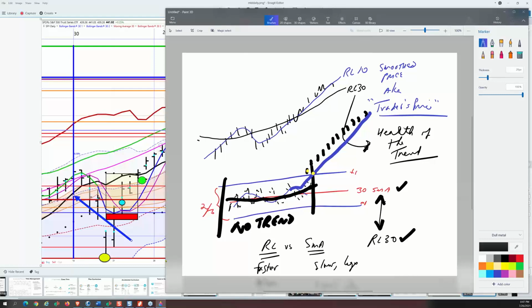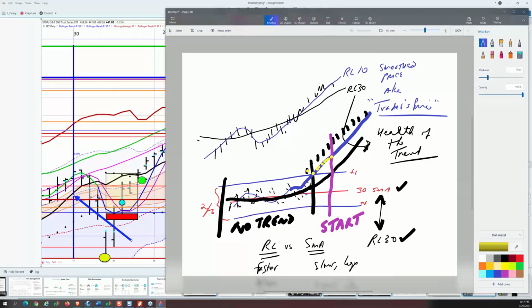So when the RL30 leaves the river, at that moment we can say that's the start of trending behavior. While it was moving up in here, it feels like a breakout has occurred because it left the river.